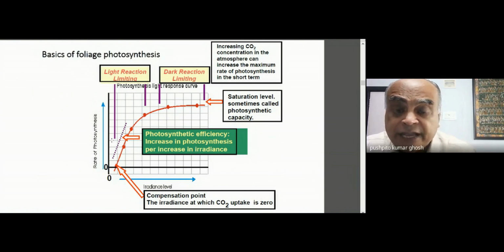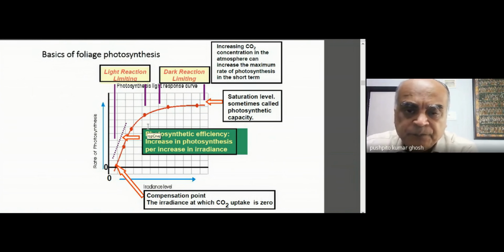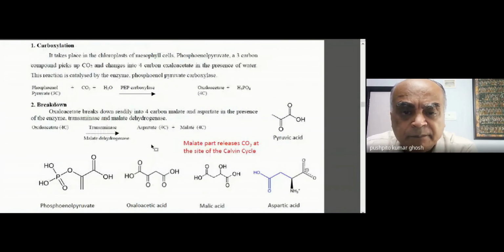And many of these plants, sugarcane, etc., you'll find that the more light they are absorbing, a lot of irradiance, they become very productive. It is because of this C4 effect that I mentioned to you.